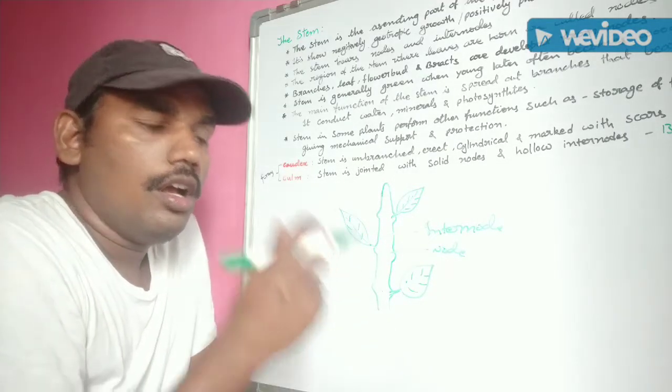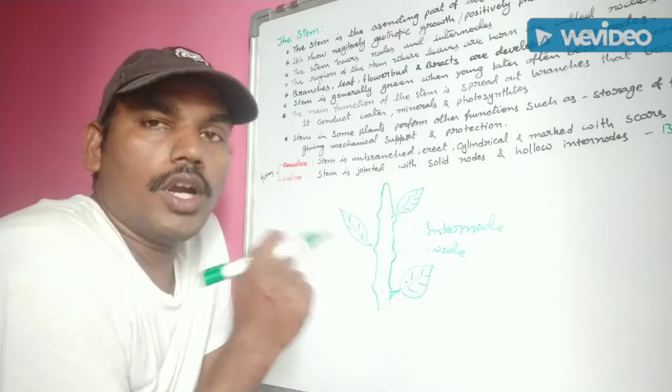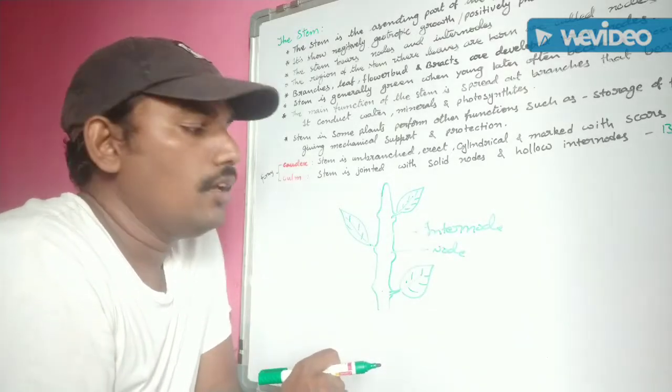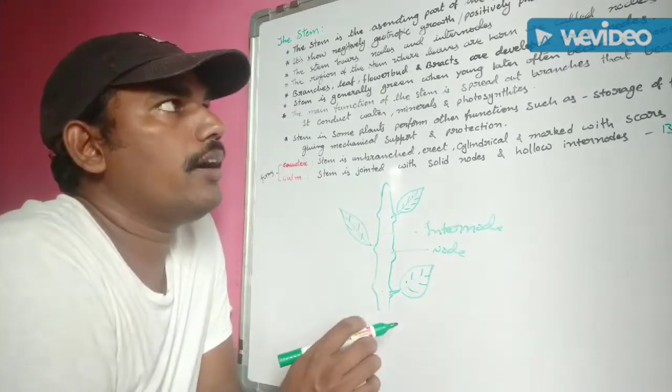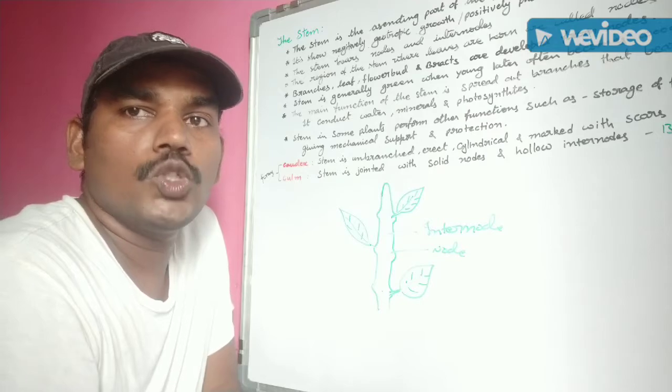How do you find out the nodal region? How will you distinguish the nodal region? Where leaves are borne on the ascending part of the plant axis, that one is the node.